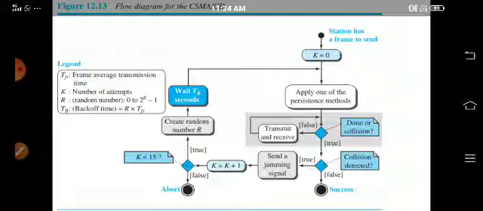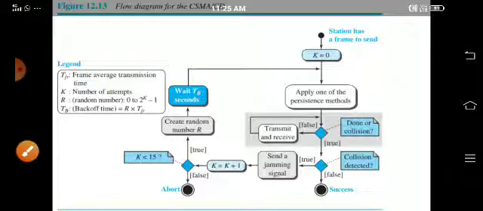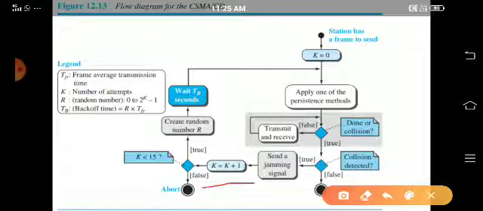Now you can see there is a collision. What happens? The third difference is that there is a jamming signal here, to alert all the remaining stations that there is a collision, so don't send the frames. Rest all is similar. If you cannot send, and you don't get the acknowledgement, then go for the next attempt.